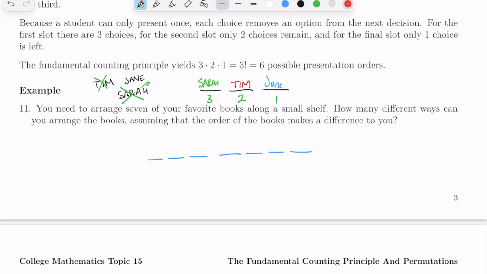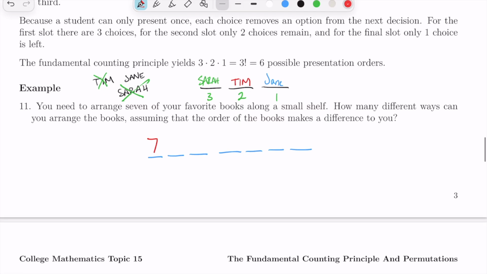And I have 7 choices for the first book, whichever one's closest to me. And then once I put that in that spot, I only have 6 choices left, and then 5, and then 4, 3, 2, 1. Don't forget, we're going to multiply all of these 7 decisions together.